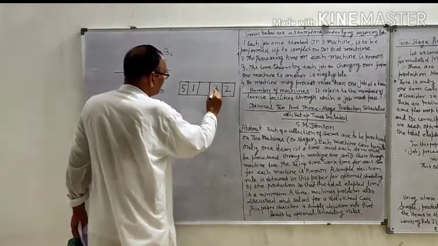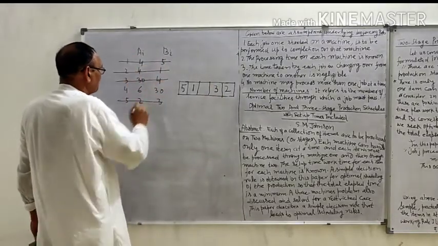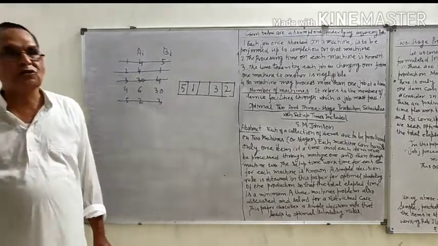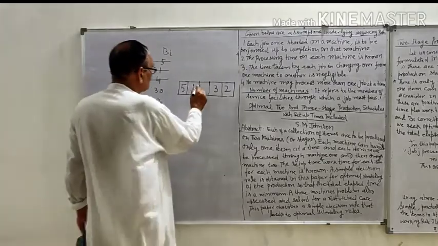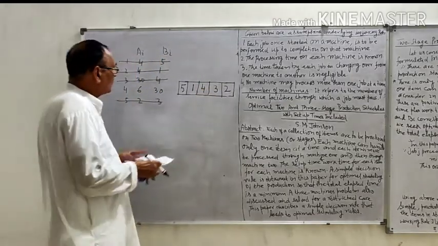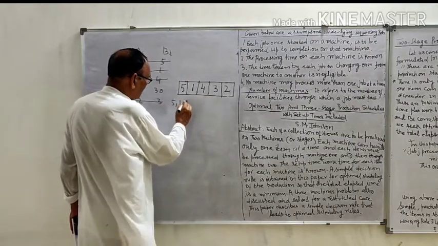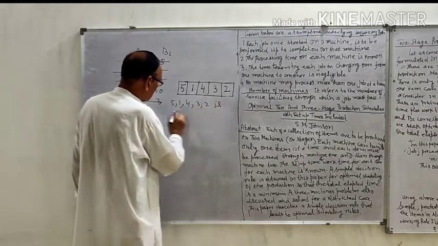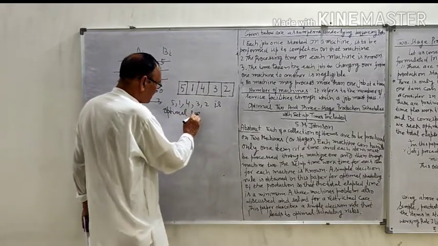This is 3. So now job 1 is finished, job 3 is finished. Now only one job is remaining to be filled in the table, and only one column is there, so this is 4. So therefore 5, 1, 4, 3, 2 is the optimal sequence.